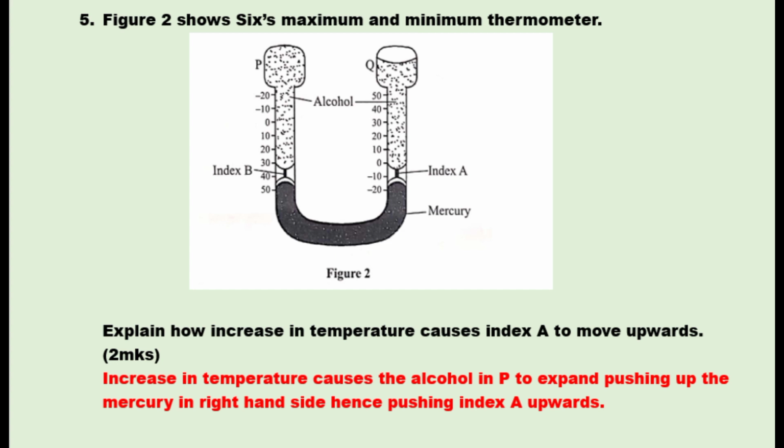When it expands, mercury will rise up on side A and go down on side B, because it will be pushed by the alcohol in P, and therefore index A is pushed up by the mercury at that point.